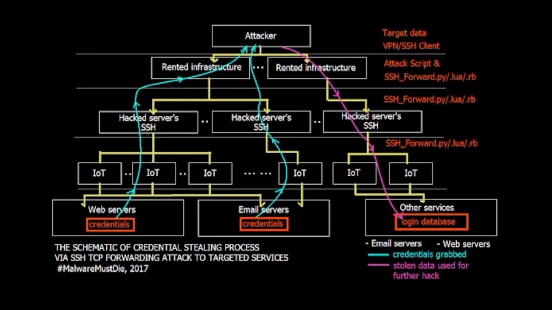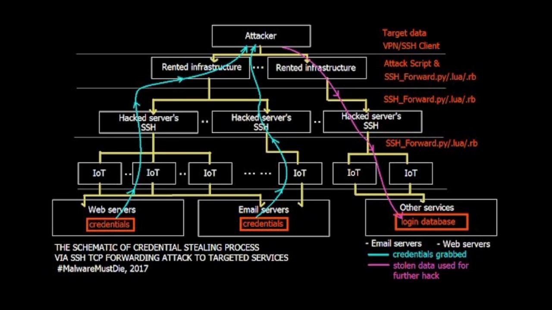So an attacker will typically rent infrastructure, VPSs, etc. And what he will do is securely connect to this rented infrastructure. Now it depends on whatever method he wants to use. If he wants to go through the darknet, etc., that's all fine. But the first infrastructure is always rented, so it can't technically be traced back to him.